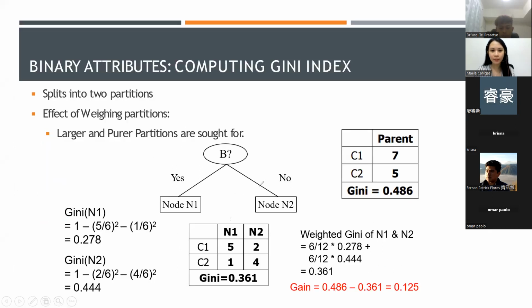For example, in the computation of parent, a while ago we utilized 7 and 5. 7 plus 5, that's 12. So this time, we're going to compute it as negative 7 over 12, multiplied by log of base 2 of 7 over 12, minus 5 over 12, log of base 2, multiplied by 5 over 12.